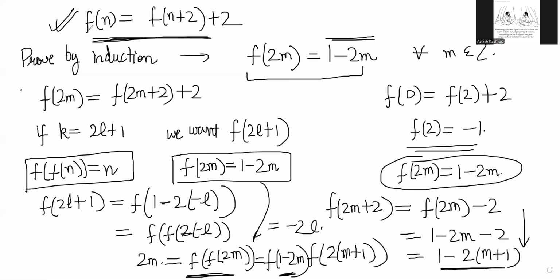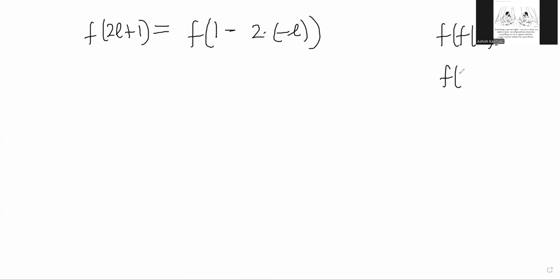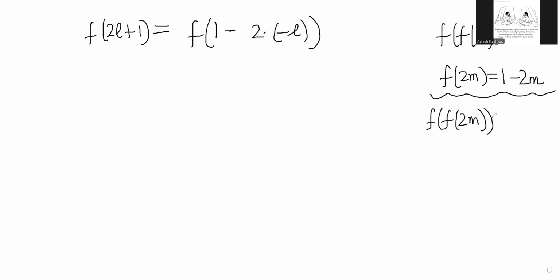I will just repeat the argument. F of 2L plus 1, we can rewrite it as 1 minus 2 times minus L. And we already know that f of n is equal to n, and f of 2m is 1 minus 2m, right? So taking f on both sides here, we get f of 2m is equal to f of 1 minus 2m.